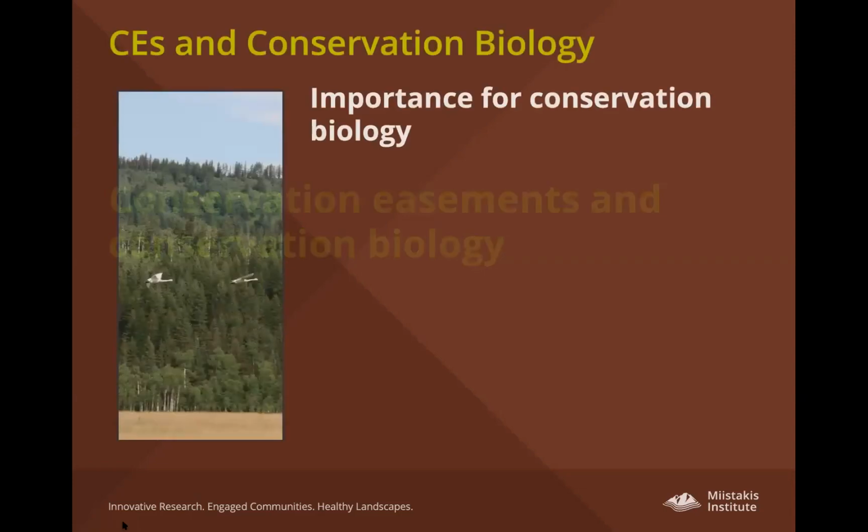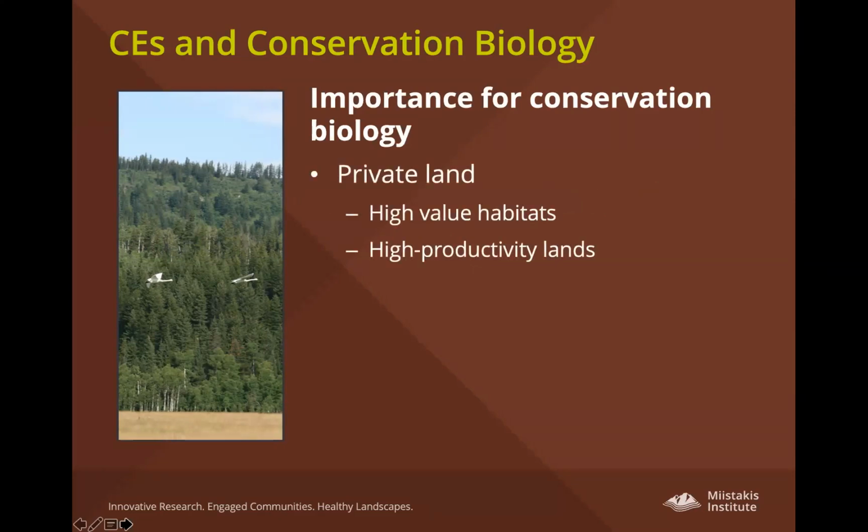How do they connect? So a couple of things I wanted to do was first talk about conservation easements and conservation biology. And I'm kind of going to overlap a little bit between some of the private land conservation in general, not just the conservation easement values as well. So for conservation biology, private land can be critically important.